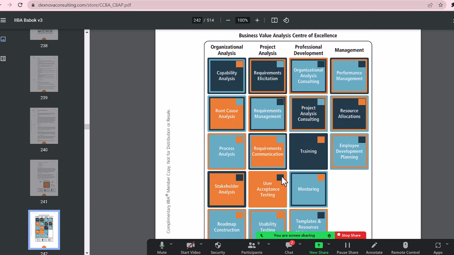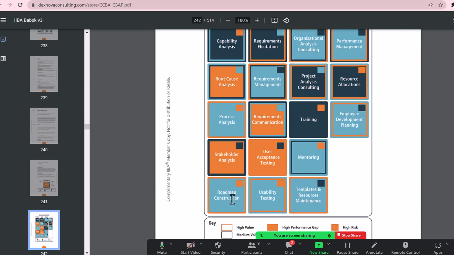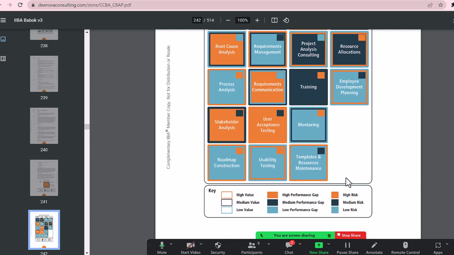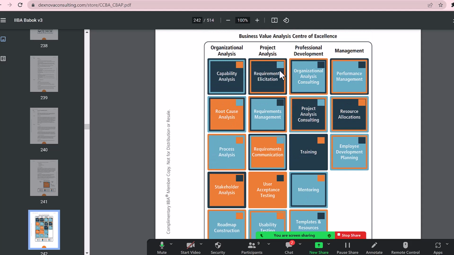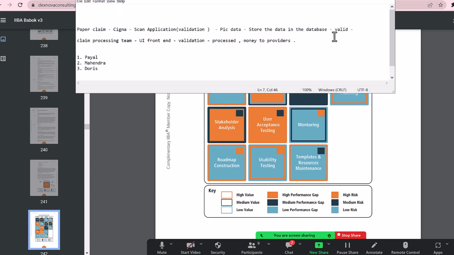For example, user acceptance testing is always high risk, requirements communication is high risk, root cause analysis is high risk, stakeholder analysis is high risk. And then mentoring, roadmap construction, and employee development planning are all low risk. So you can go through this PDF and understand what is high risk and low risk. Whatever I'm saying is a practical example of high risk and low risk.